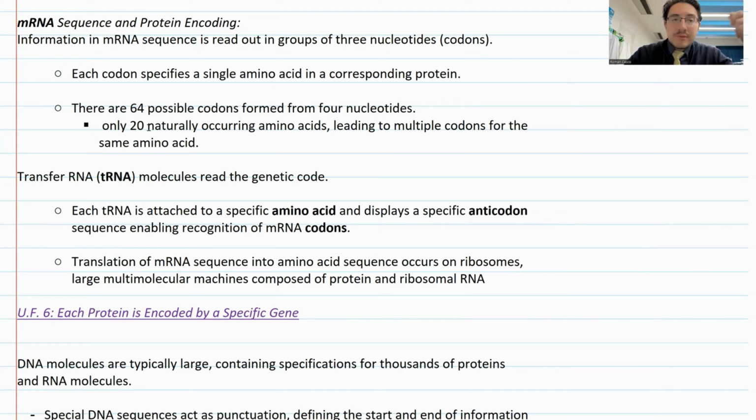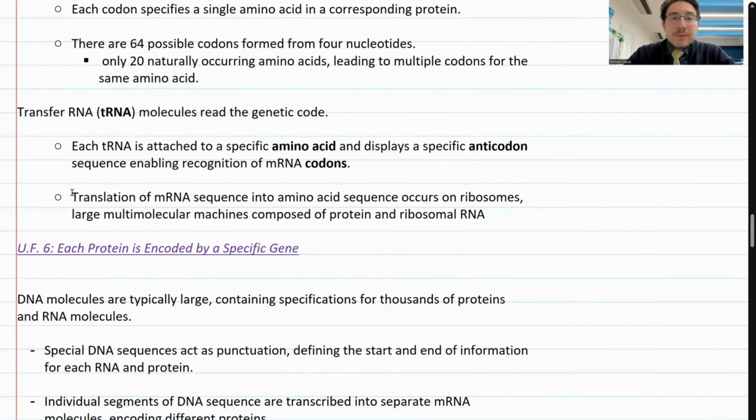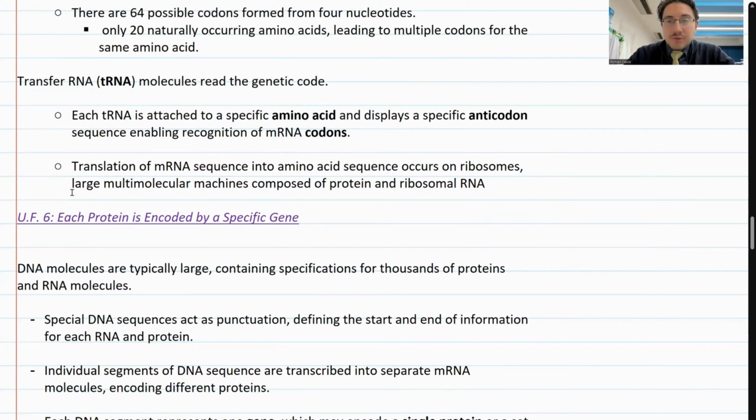But only 20 of them are naturally occurring amino acids. So you can have multiple codons that code for the same amino acid. And that's actually helpful in terms of mutations that we're going to talk about much later on. And each codon corresponds to a particular tRNA.